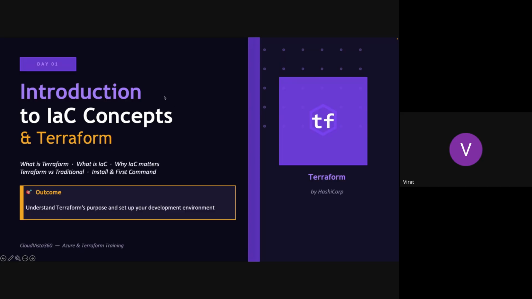Once my Terraform code is ready, I will create a CI/CD pipeline. In that CI/CD pipeline, there will be different stages. In one of the stages, I will be deploying my infrastructure. In another stage, I will be deploying the application code to that infrastructure using the CI/CD pipeline. So that's how you manage the application.